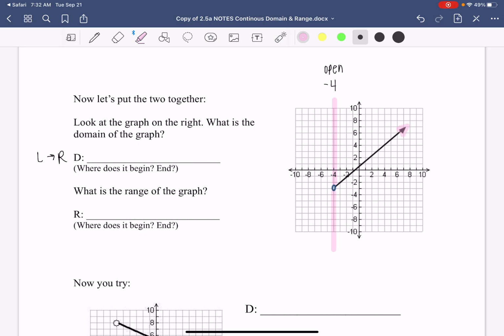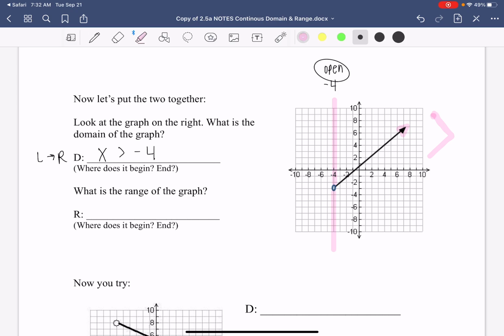This arrow tells us it doesn't end, so it goes forever and ever to the right. So this means our domain, which is x, is all numbers greater than -4. And it's only greater than because it's an open endpoint. It's going to be greater because anything to the right of a number will always be greater than the number it starts on.